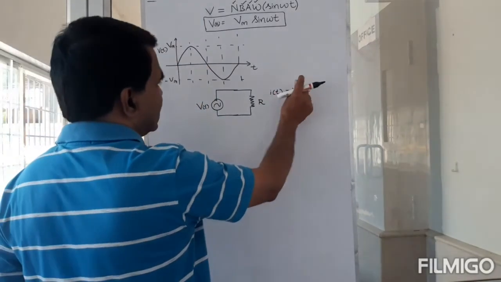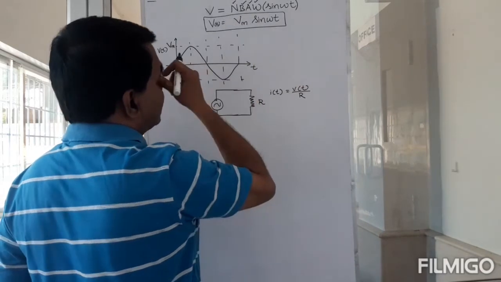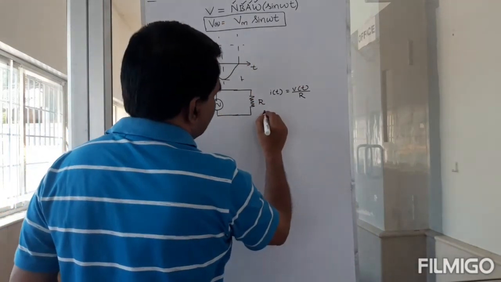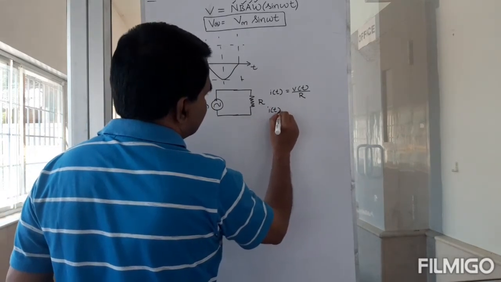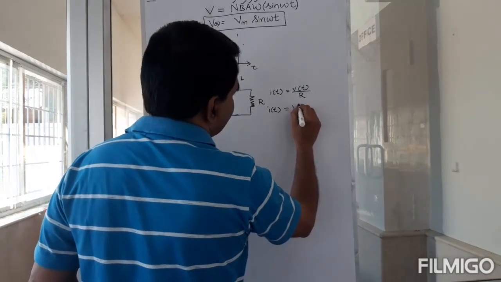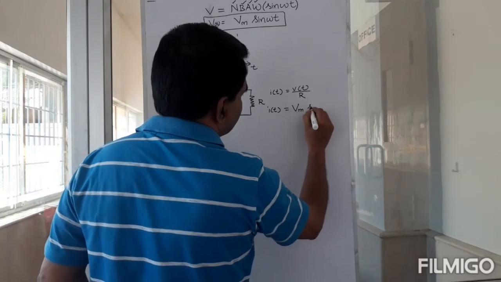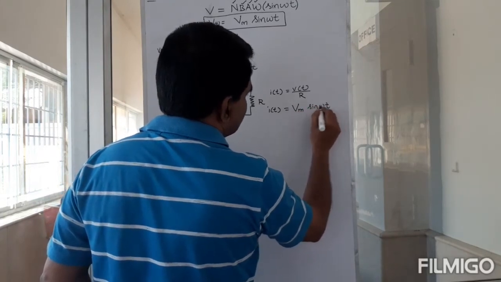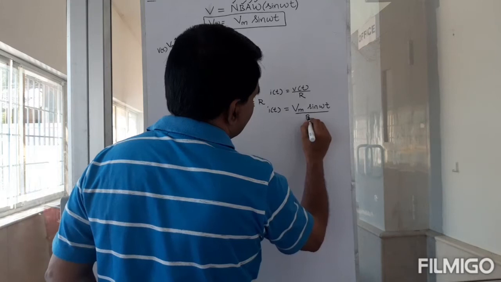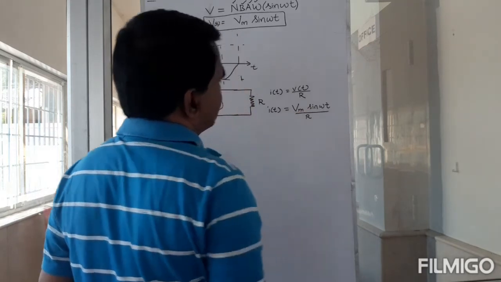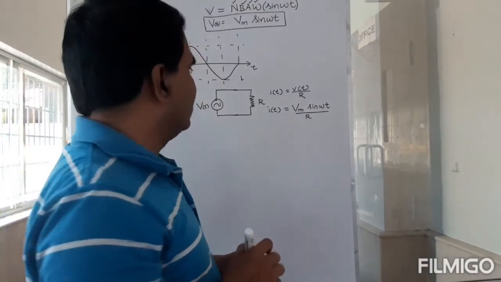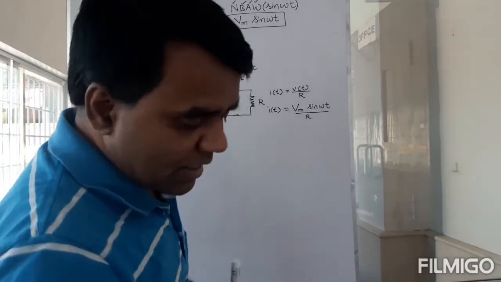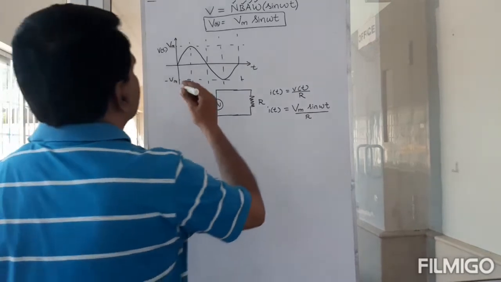And what is voltage at any time? That's given by this equation, right? So I of t can be written as Vm sine omega t by R. This is a constant, this is a constant. Again, sine omega t is what will be changing in this. So that graph will look something like this.